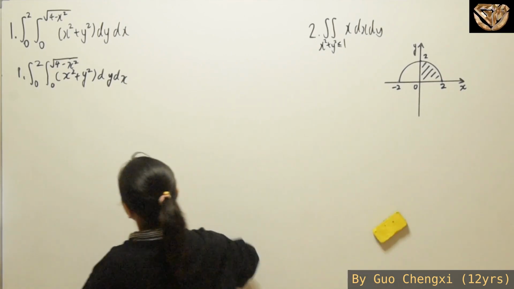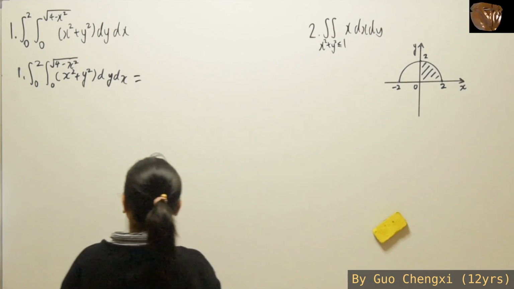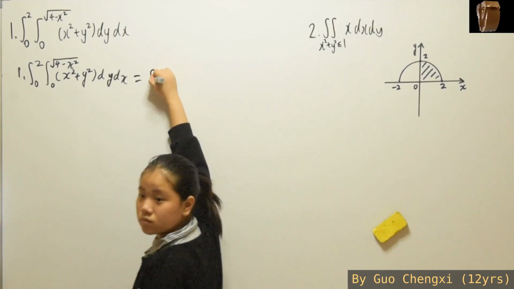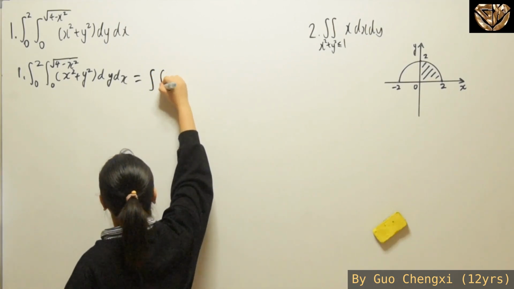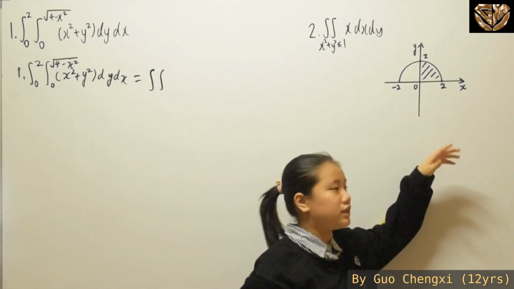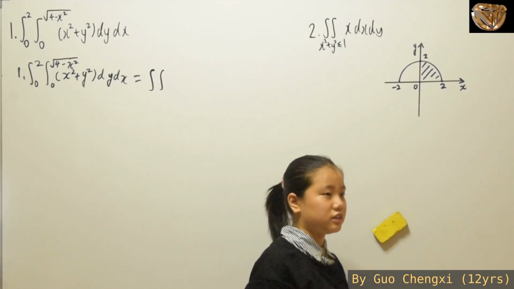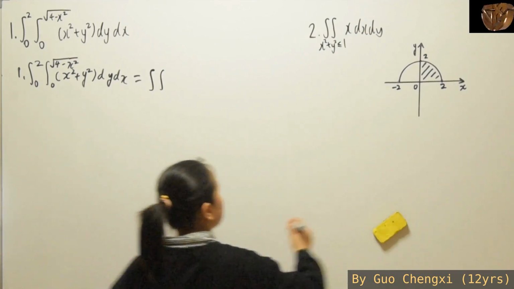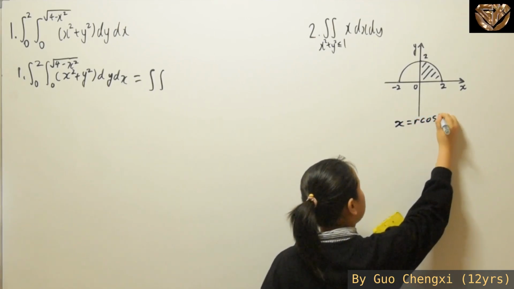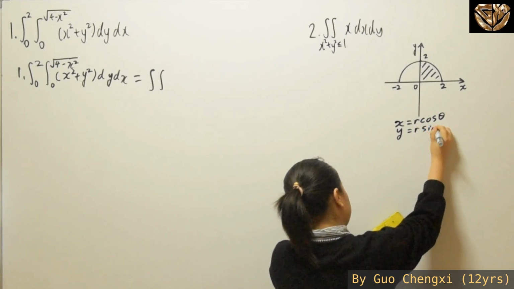You may be wondering how you're supposed to solve this. Sure, you can integrate it straight away if you want, but we're going to change it to polar coordinates, because as you can see, it is clearly a quadrant, for which you can use polar coordinates. When we use polar coordinates, x equals r cosine theta, y equals r sine theta.